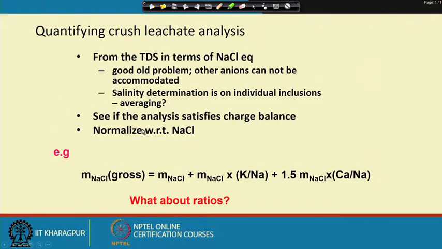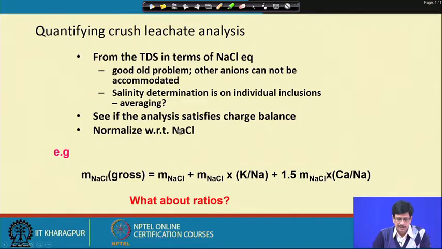From the total dissolved solid in terms of NaCl equivalent, we suspect that there are other cationic species, and now we see whether this analysis satisfies the charge balance.